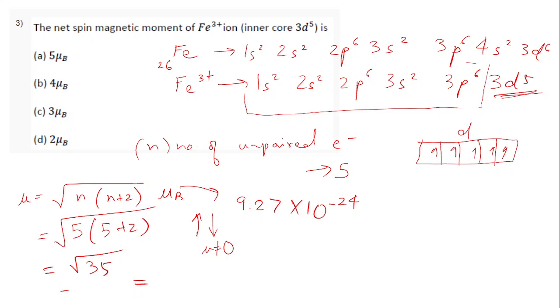Let me just check. Root of 35 is 5.92, times the Bohr magneton.